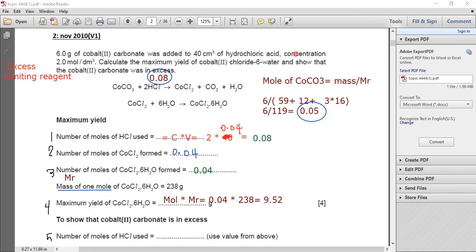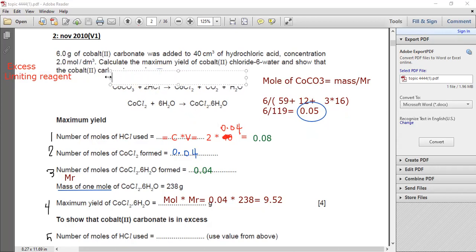You have to find the number of moles of the reactants. I found the number of moles of HCl, 0.08, in number 1. And now I finished the number of moles of cobalt carbonate, 0.05.